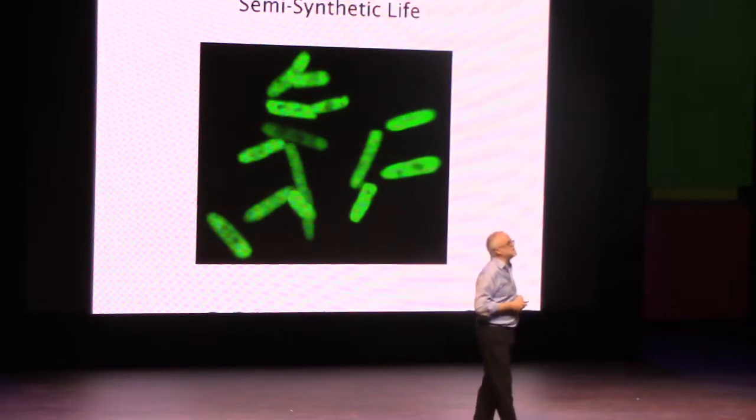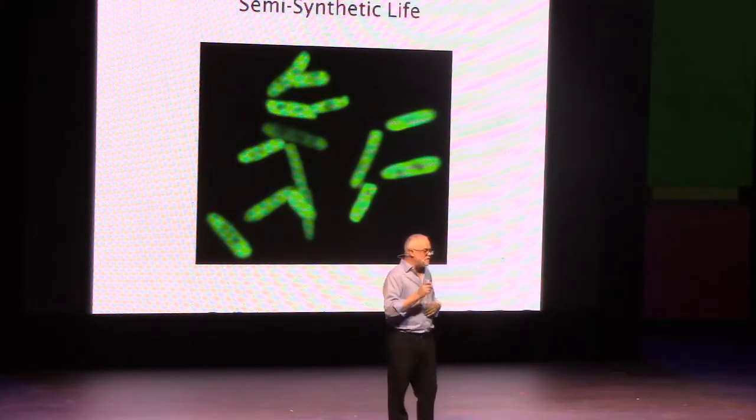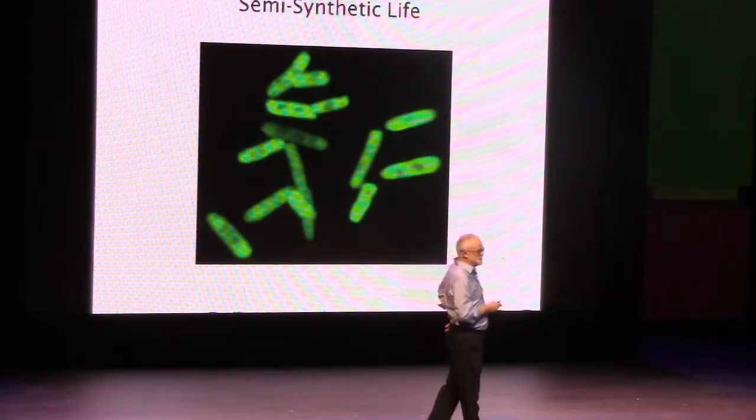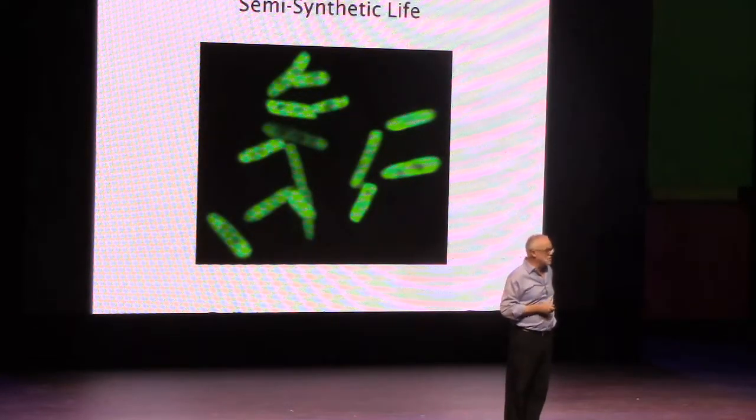So here they are again, these are the semi-synthetic organisms. Now they're making protein. And in every one of the proteins that makes these cells green is an amino acid that natural life cannot incorporate into proteins.